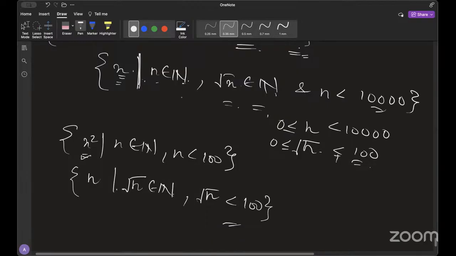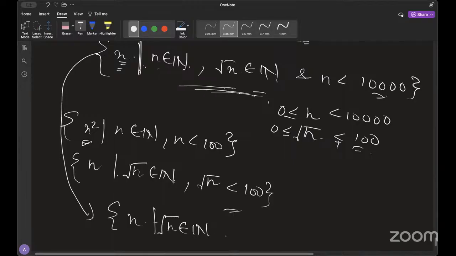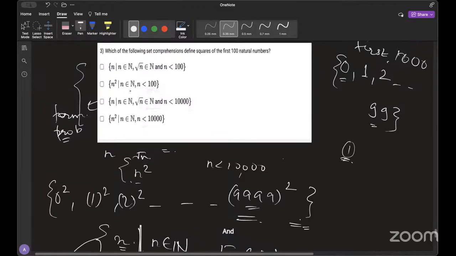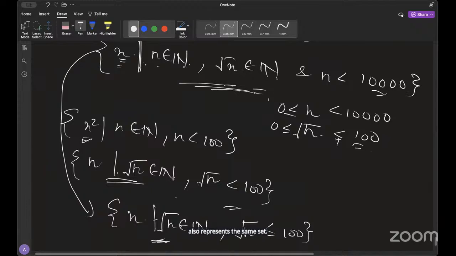This also represents the same set, no? If square root of n is a natural number, and if n is less than 10,000, that means square root of n is less than 100. So this set represents this. This is the same as this set, and this set that we were discussing, which is the correct option, also represents the same set, right?